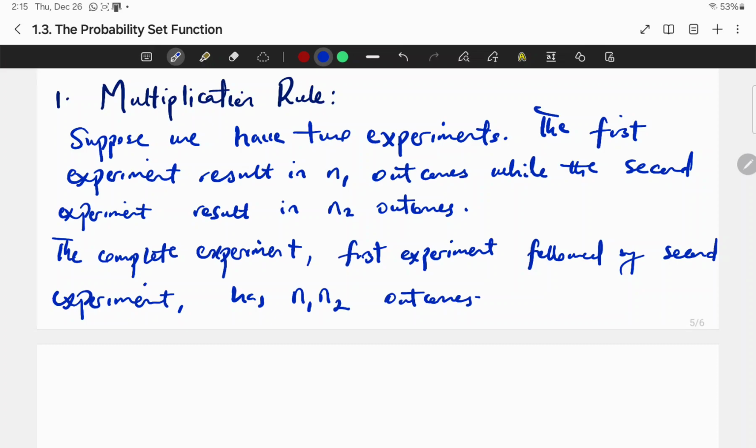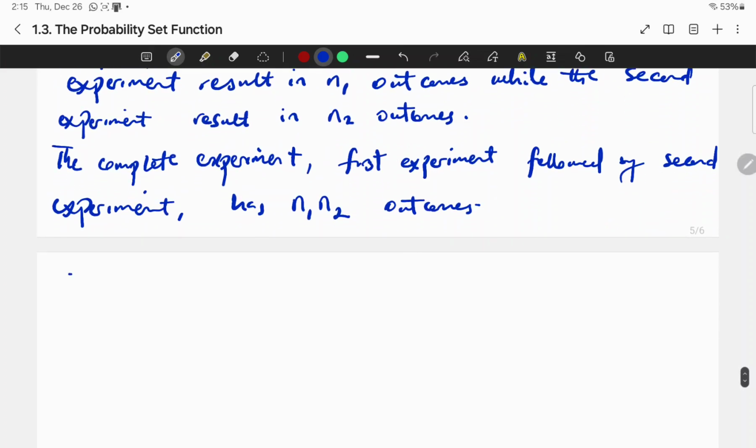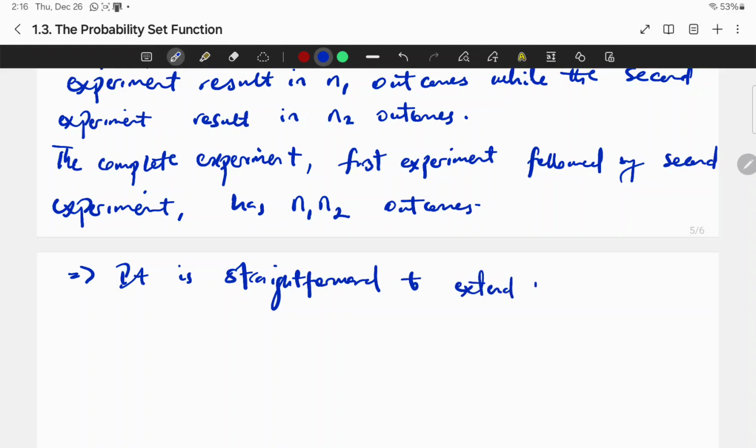It is straightforward to extend to k experiments.